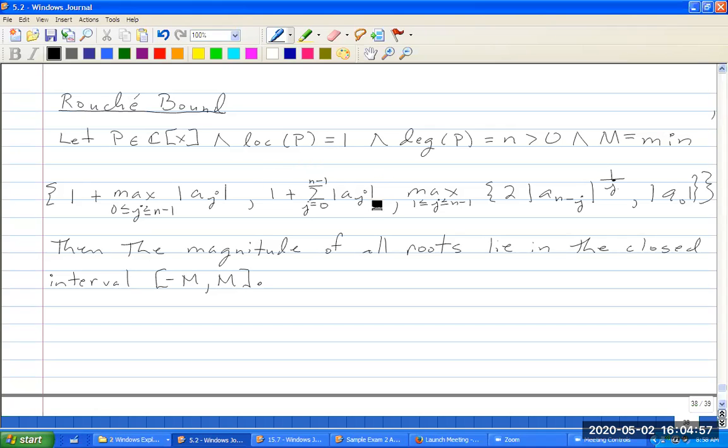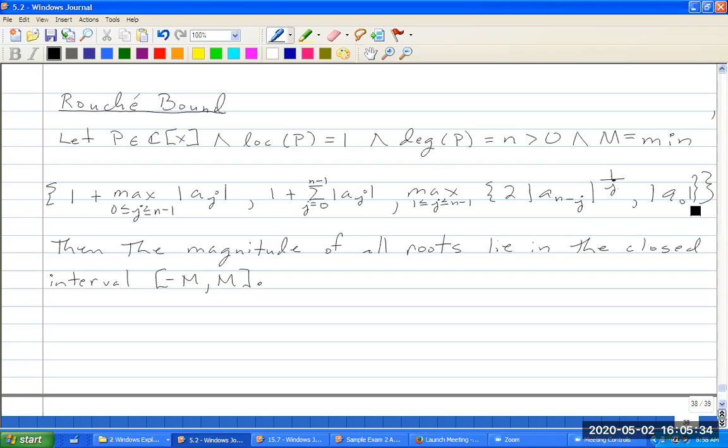1 plus the sum of all these coefficients, except for the leading order coefficient. The maximum of 2 times the jth root of the absolute value of the coefficients, for all of them except for the leading order coefficient and the constant coefficient, and the absolute value of the constant coefficient.